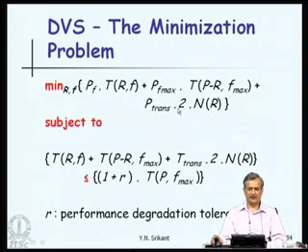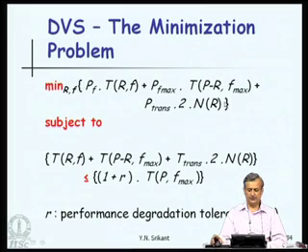There is a factor 2 here because we need to switch twice. We need to switch to the lower voltage when we enter the region, and we need to switch to the higher voltage when we exit the region. And P trans is the power consumed during switching.